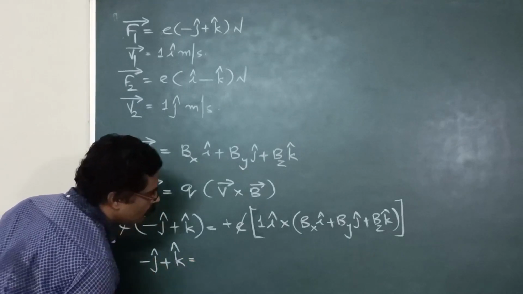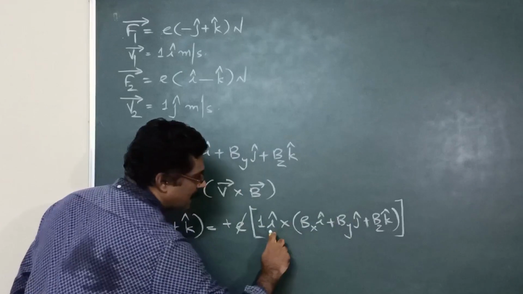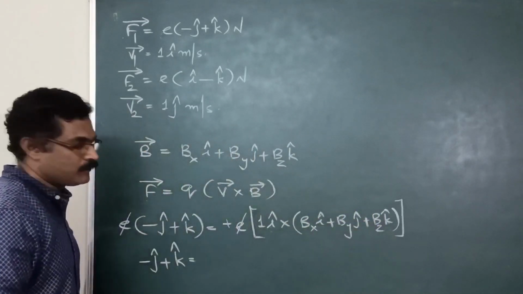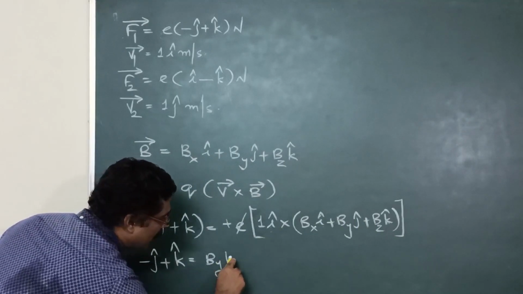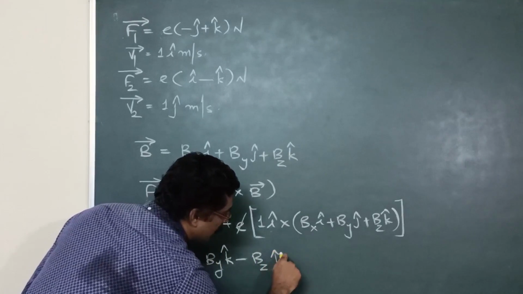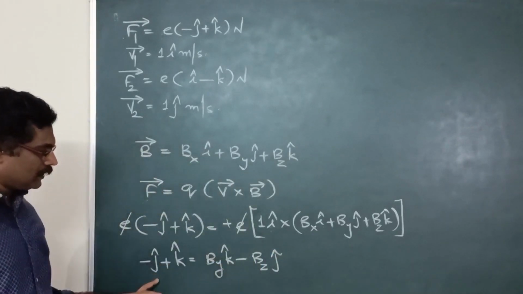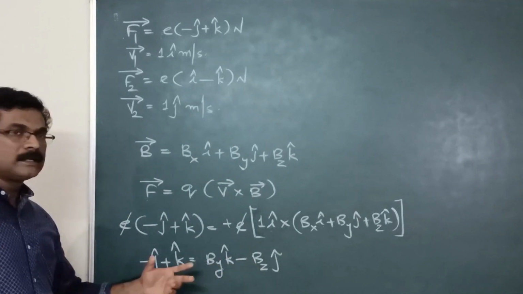That is equal to i cross i is 0, i cross j is k, i cross k is minus j. So it is By into k cap minus Bz into j cap. This equation will be equal if the coefficients on either side are the same.